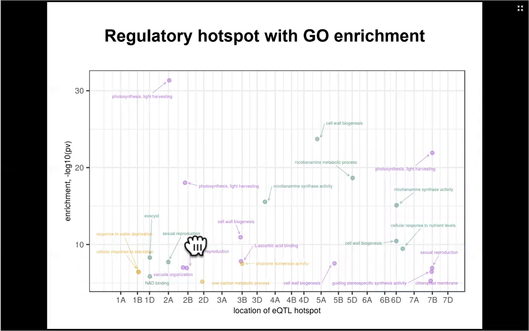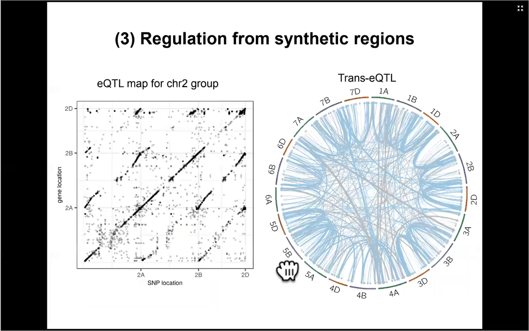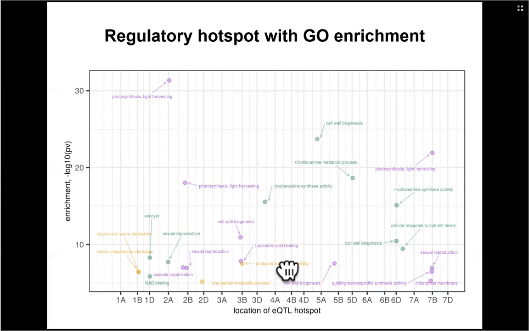For some of those so-called regulatory hotspots, we do observe gene ontology enrichment among their targets, suggesting co-regulation of genes involved in the same pathway.